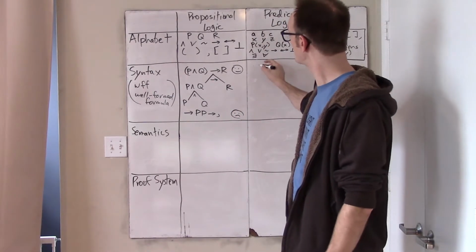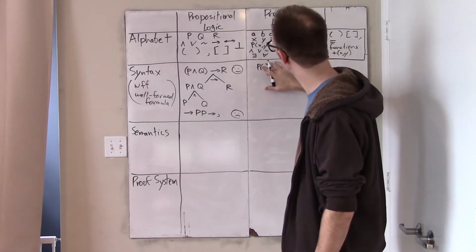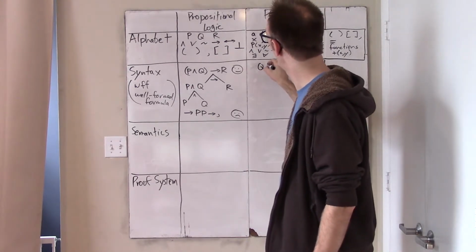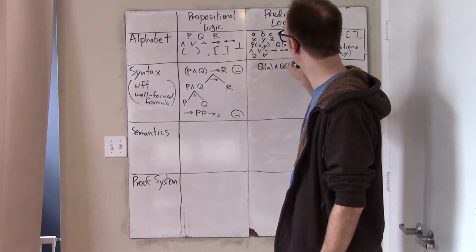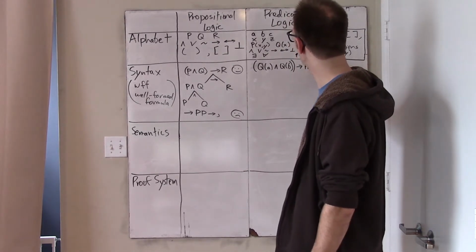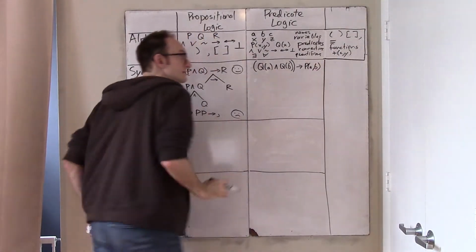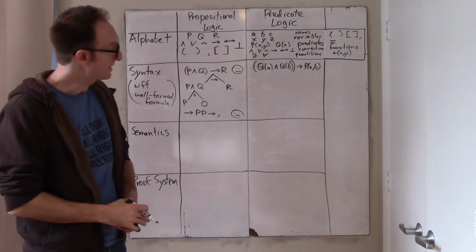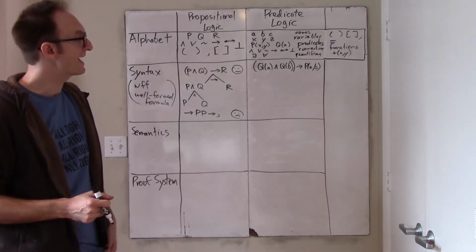You want to be able to say simple things like, if P, well, here I introduced P as a binary predicate, so perhaps I'll use Q: Q of A and Q of B implies P of A, B, say. This sentence is fundamentally propositional in nature, in that it doesn't involve any variables or quantifiers.